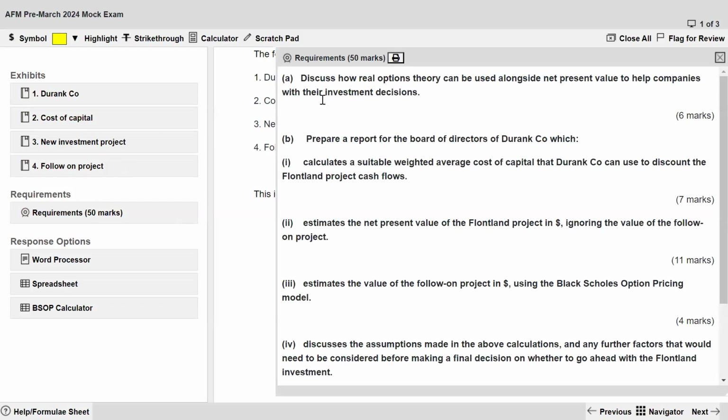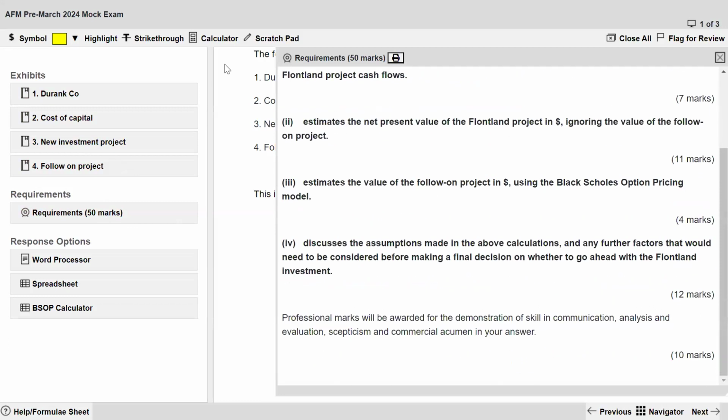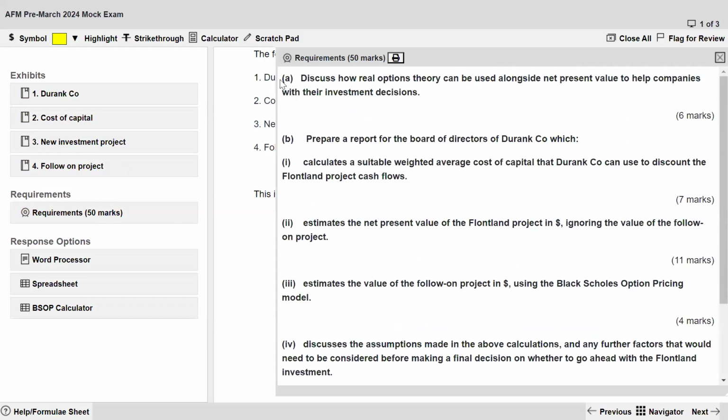The requirements say: discuss how the real options theory can be used alongside net present value to help companies with their investment decisions. Then prepare a report for the board of directors of DERANC, which calculates a suitable weighted average cost of capital, NPV, estimates the value of the follow-on project in dollars, and discusses assumptions made in the calculations. I'll just copy this.